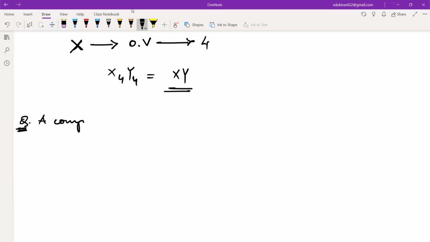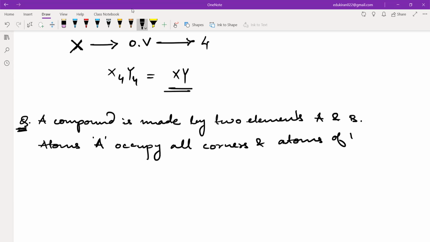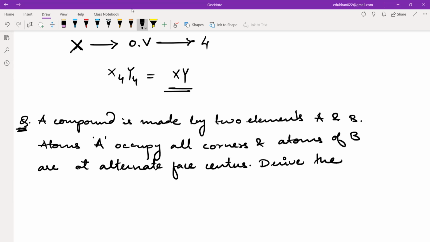A compound is made up of two elements A and B. Atoms of A occupy all corners and atoms of B are at alternate face centers. Derive the formula of compound.